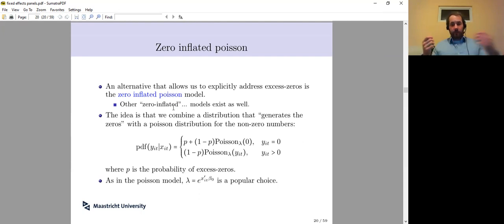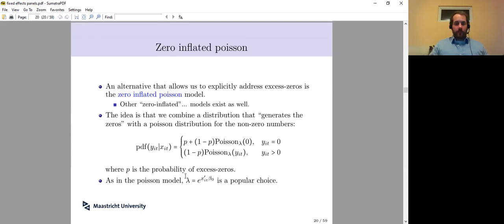And then for anything that is non-zero, the process follows again a Poisson distribution. And this is precisely what is written here. So we have a particular distribution for the case that y is 0. And for the remaining part, we simply use the Poisson distribution for y as we had before. And as in the Poisson model, we specify lambda, which is the mean, like this, in order to ensure that the mean is always positive.